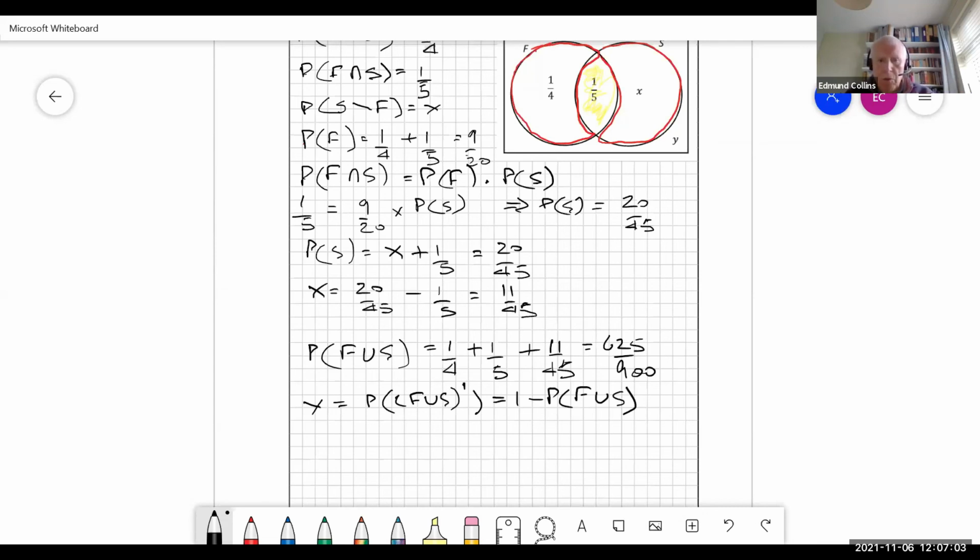So it shows how important that rule is. So therefore, because we've calculated the probability of f or s to be 625/900, it's straightforward to calculate y by saying y equals 1 minus 625/900, which is equal to 275/900, which simplifies to 11/36.